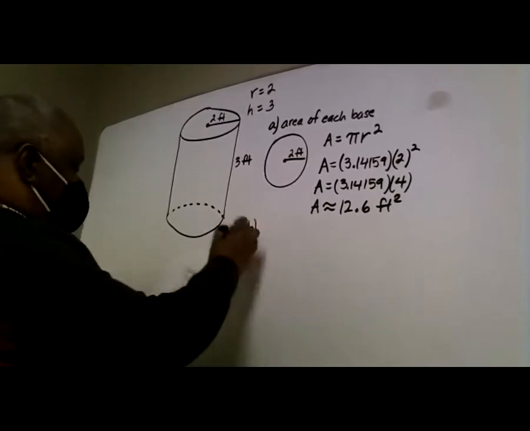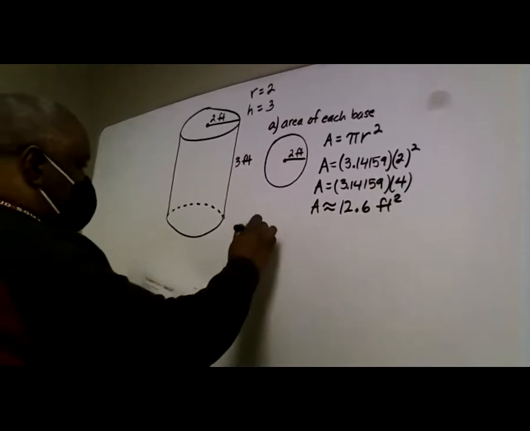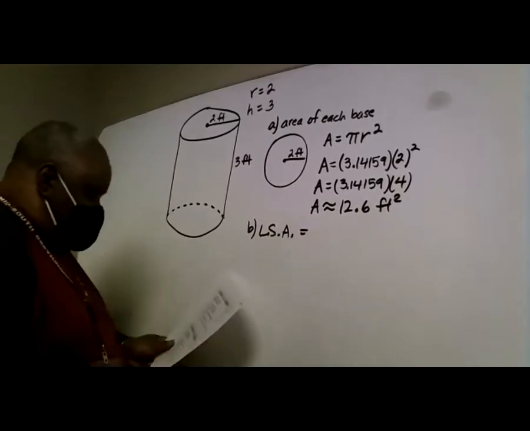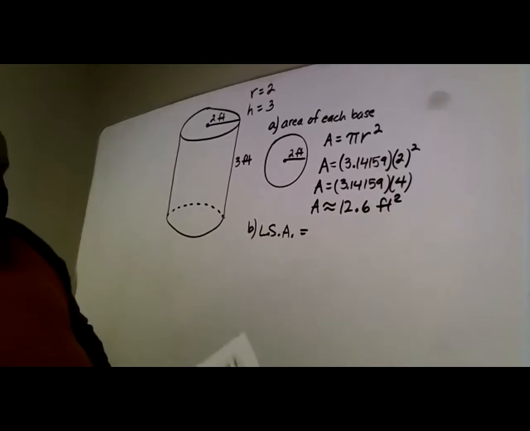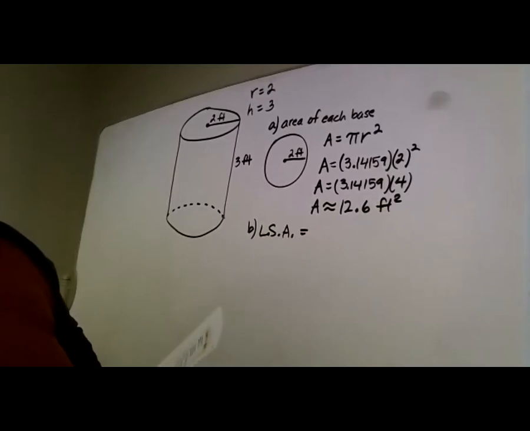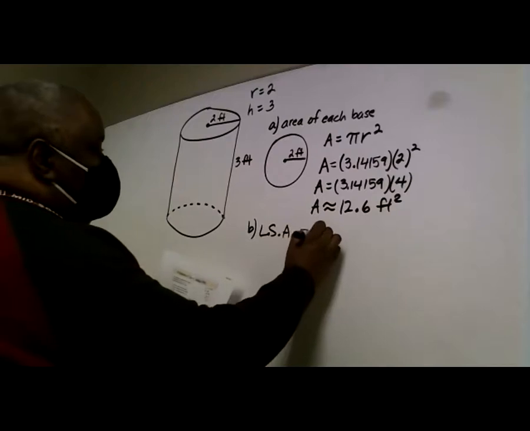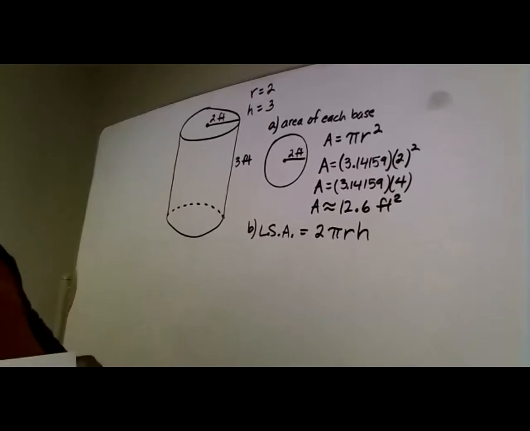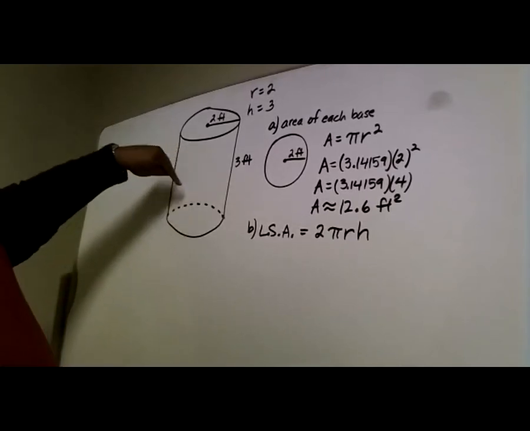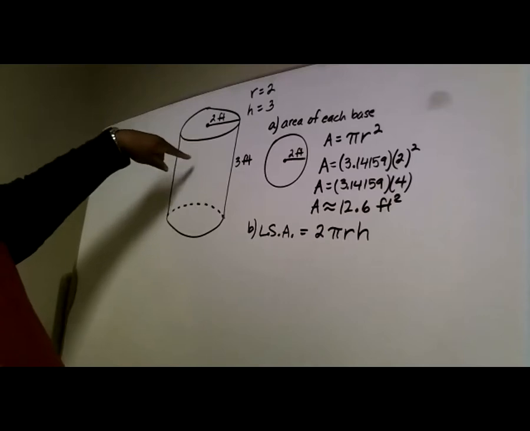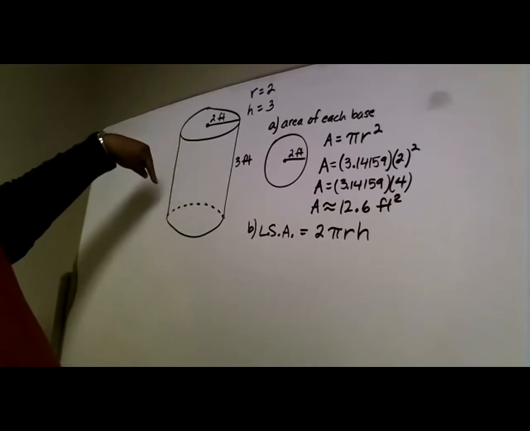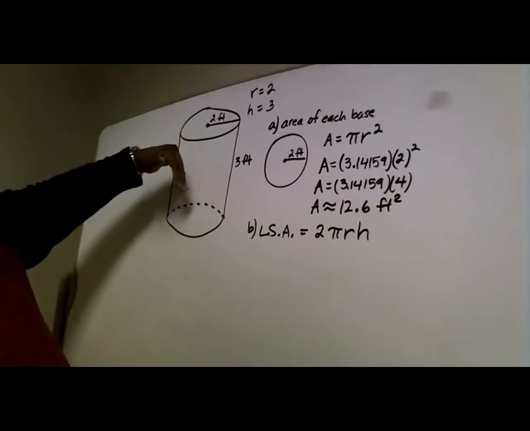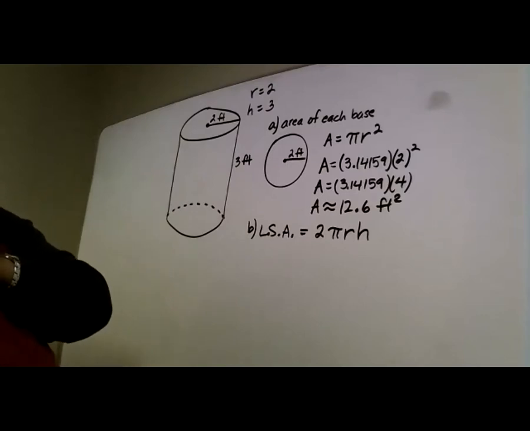And then part B, they want the lateral surface area of the cylinder. Now the lateral surface area is actually this, 2 pi times the radius times the height, okay? That lateral surface area is the face that's around that particular cylinder. Not these 2 circles on the top. It's this part right here, the face around that cylinder.